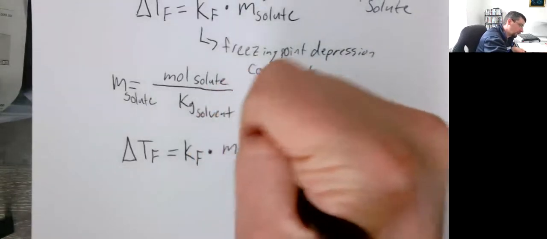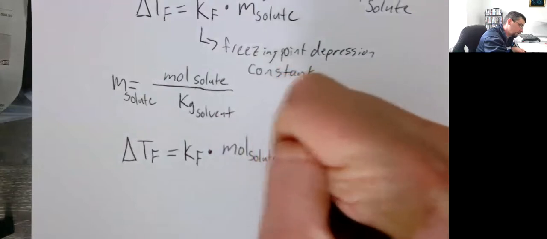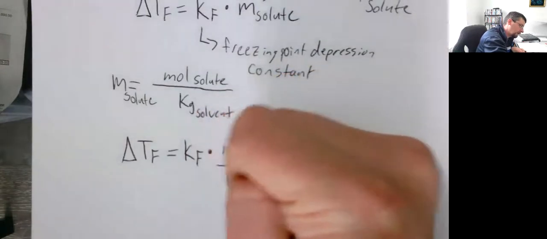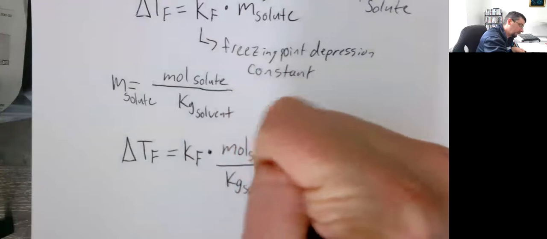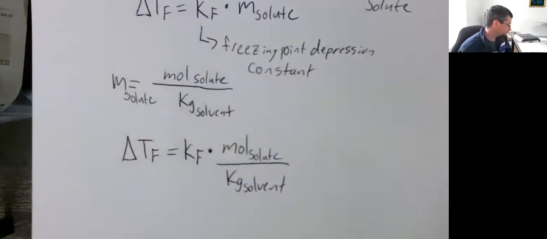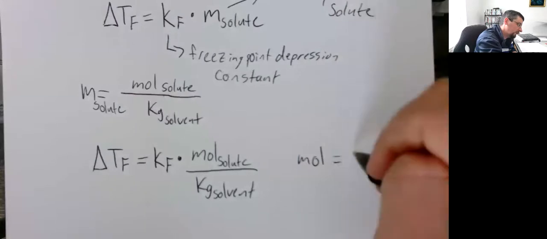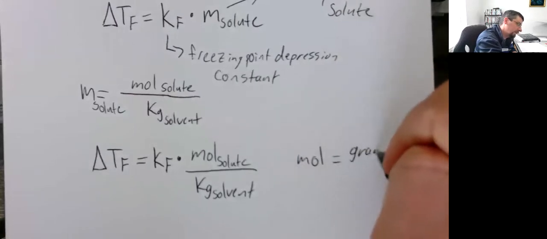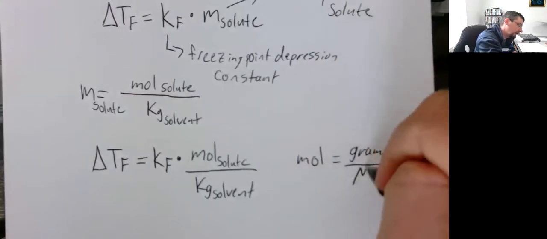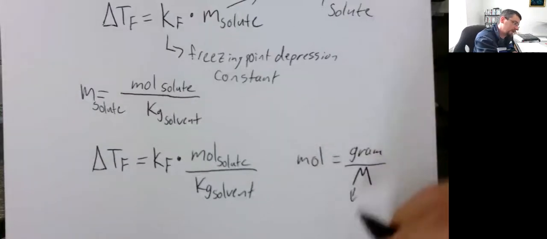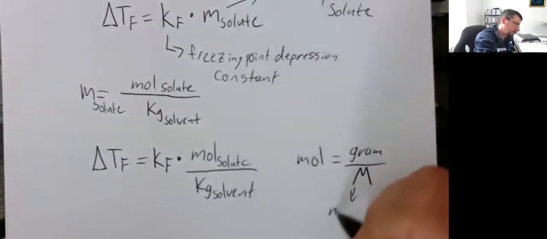Times our moles of solute divided by kilogram solvent. Now you know from first semester general chemistry, if you want to find the moles of any compound, you take the grams of that compound and divide by the molecular mass. So this big M here, this is molecular mass.